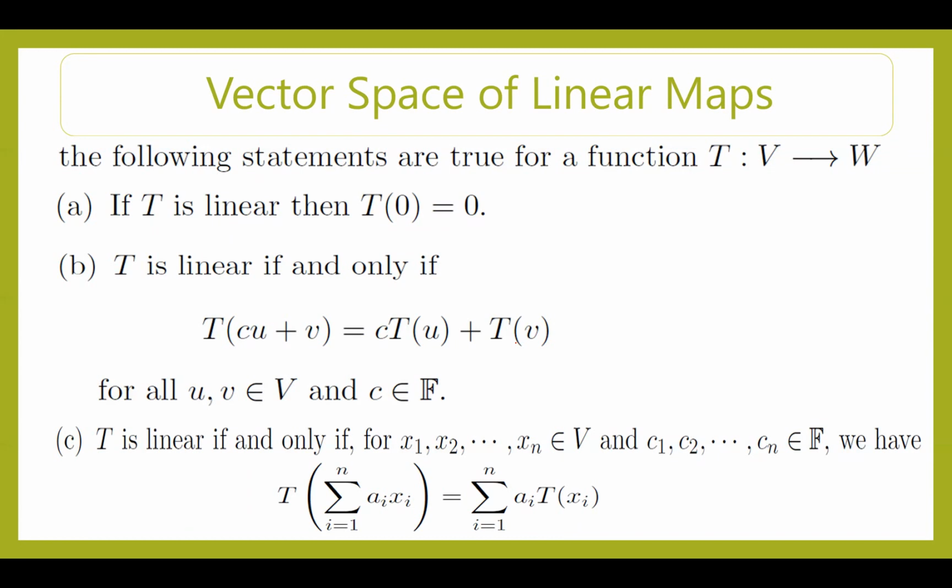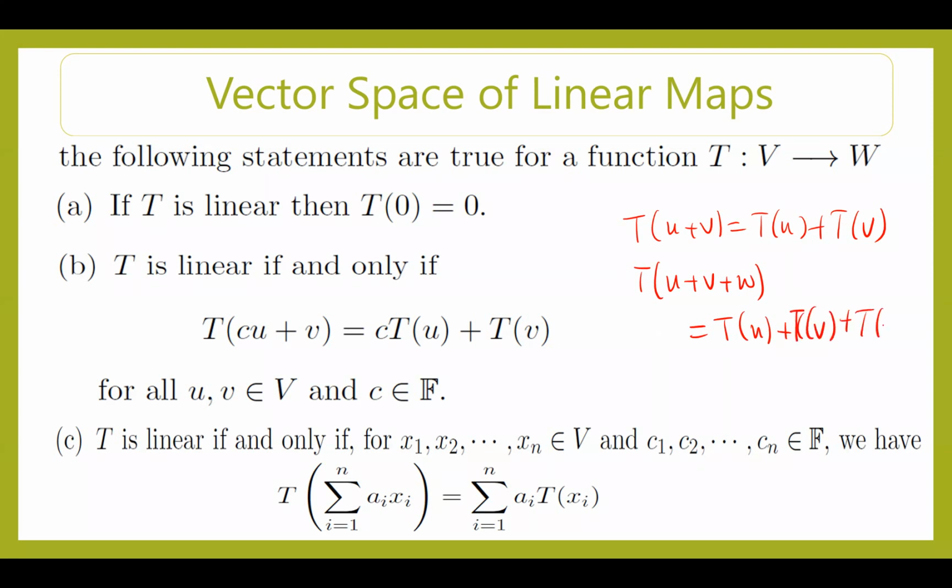You can put T into as many terms as you want. Since T of U plus V is T of U plus T of V, it is true that if you have, let's say, three terms, you can still distribute this, and as many as you want up to some n.